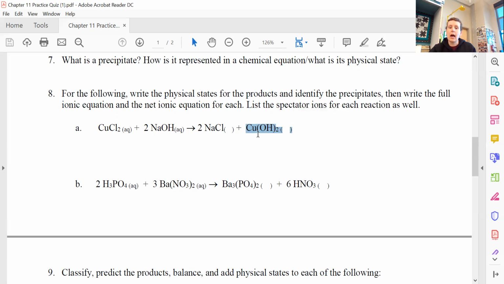Before the arrow will be the ions that make that chunk. So a copper ion, Cu2+, aqueous, and 2 hydroxide ions, aqueous, combined to form copper hydroxide solid. The spectators are the sodium and the chloride, because on both sides of the equation, they are part of an aqueous compound.